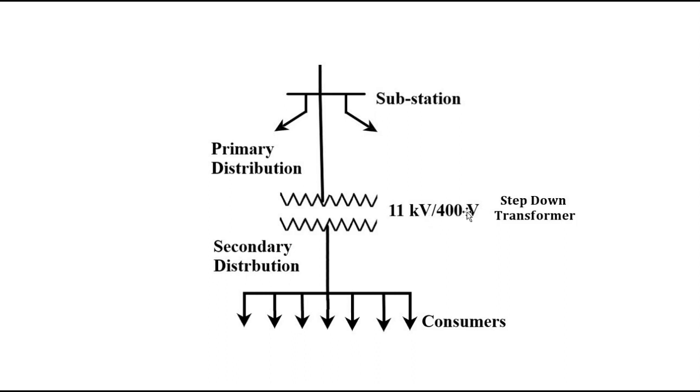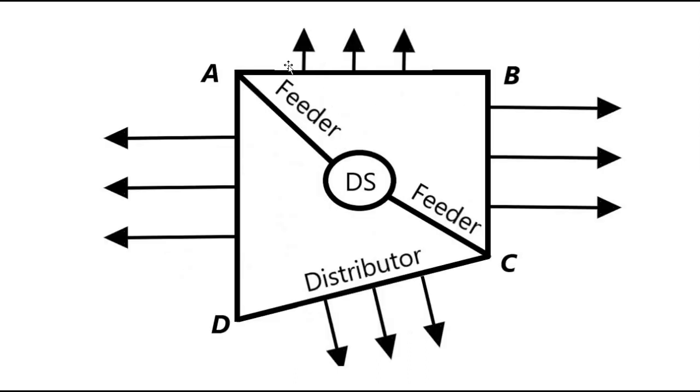This 400 volt between two phases and 230 volt between phase and neutral forms the secondary distribution, which again goes to the consumers. Now you have to understand this secondary distribution line. This secondary distribution line can again be represented in the form of this.